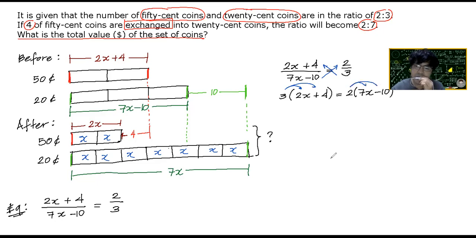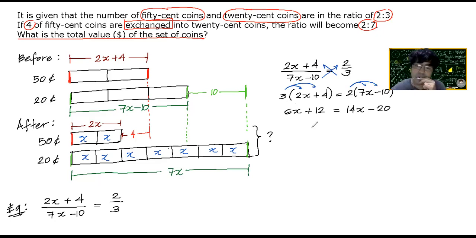So what will be the number? 3 multiplied by 2x will become 6x. 3 multiplied by 4 is equal to positive 12. 2 multiplied by 7 is 14x. 2 multiplied by negative 10 is negative 20. So this is the distributive property.